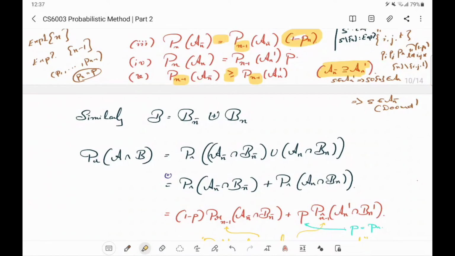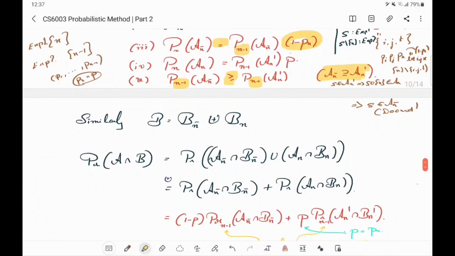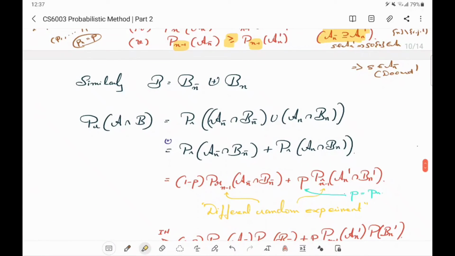I may not describe all of them in detail, because the best way to understand this is to go back to your proof for the uniform case, come to this point. These claims, proving them is difficult but still doable, but coming up with these claims is in some sense the most interesting part of this proof. So now that we have come up with these claims, you can try to use them and complete the proof that we want.